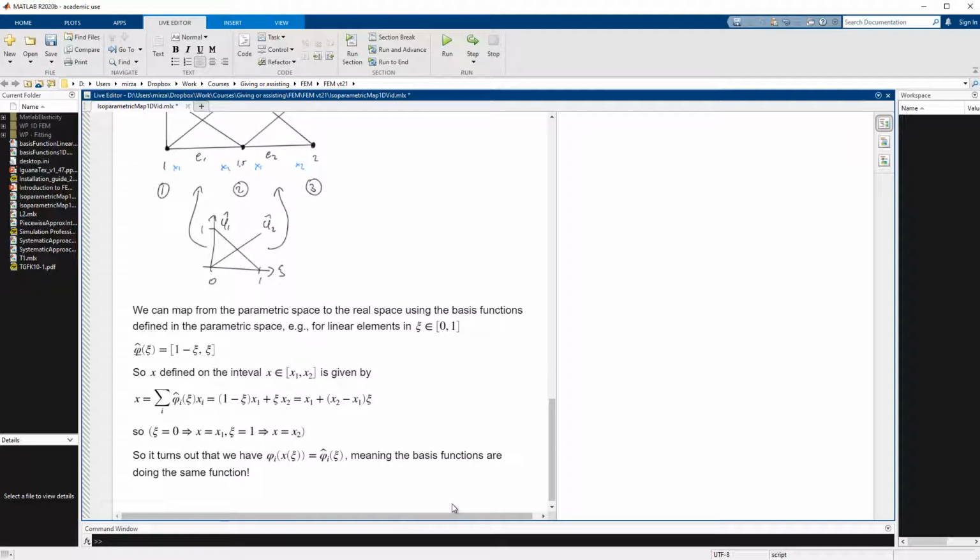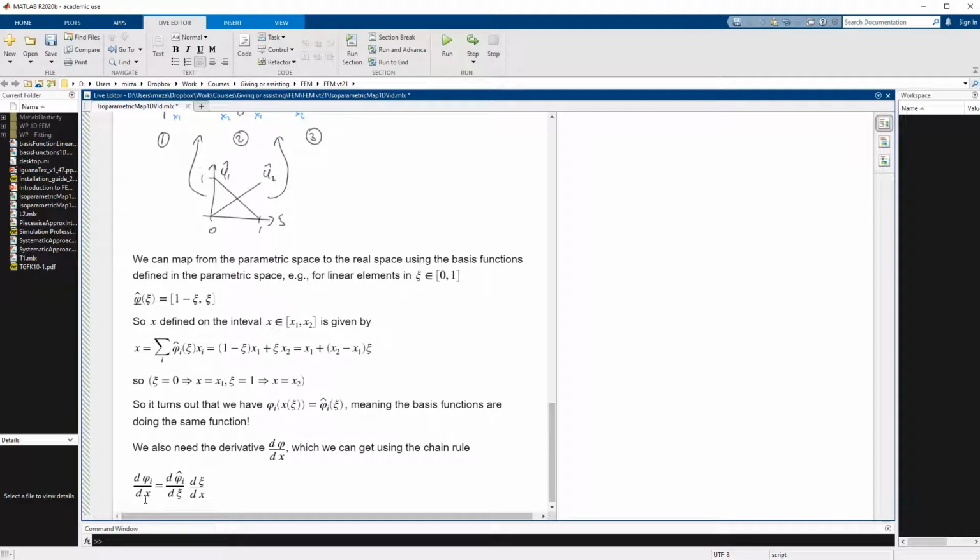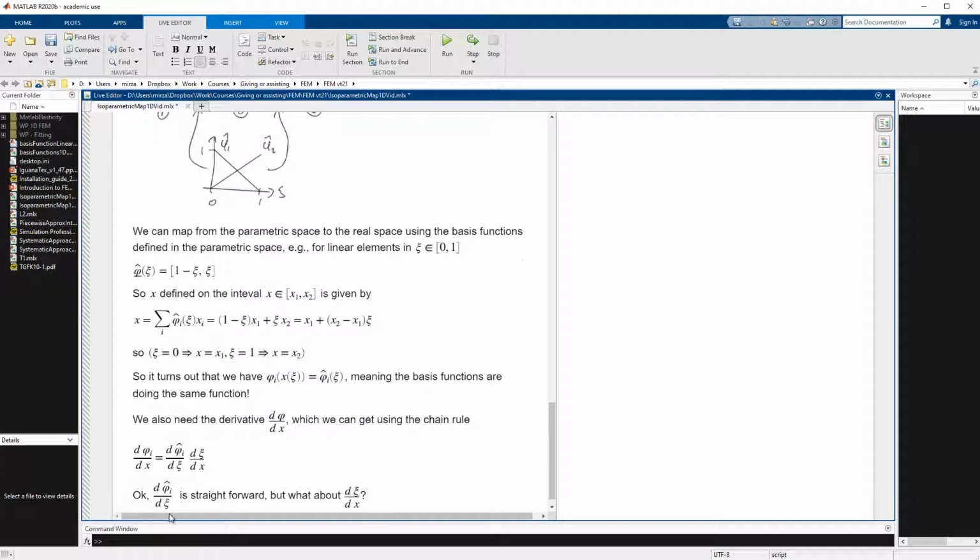Right, but we also need the derivative. We need the dphi/dx. We can get that using the chain rule. So using the chain rule, we break this apart into pieces. We get dphi hat/dxi multiplying dxi/dx. The dphi hat/dxi is straightforward.